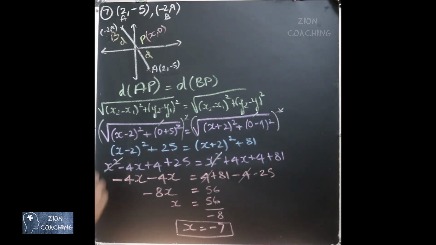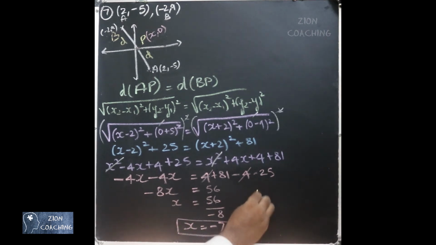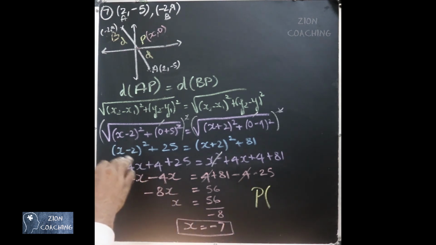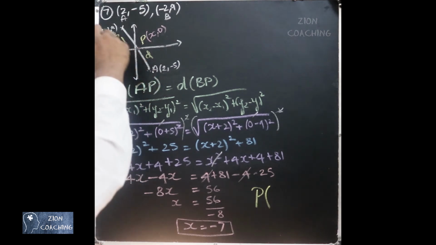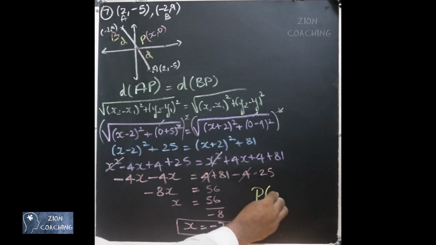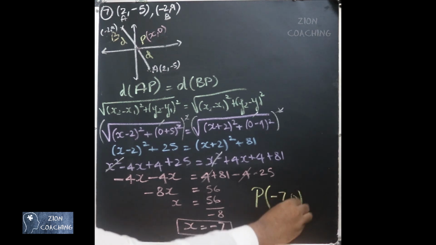So the point P is going to be, substitute that x value there. They are asking us to find a point P on the x-axis which is going to be equidistant from A and B. So that point which is equidistant from A and B is (-7, 0).